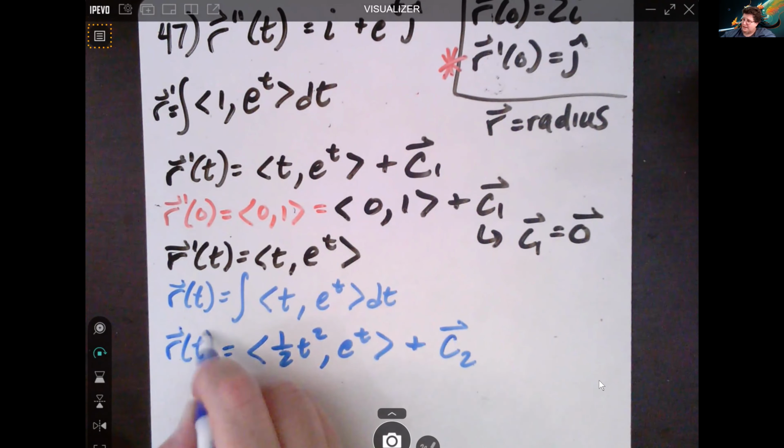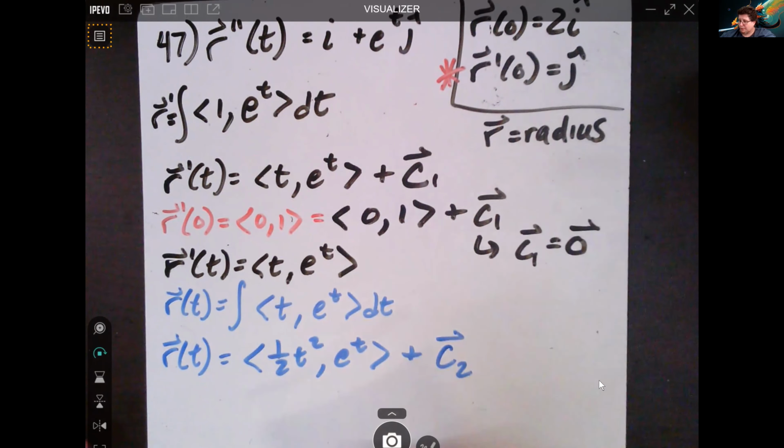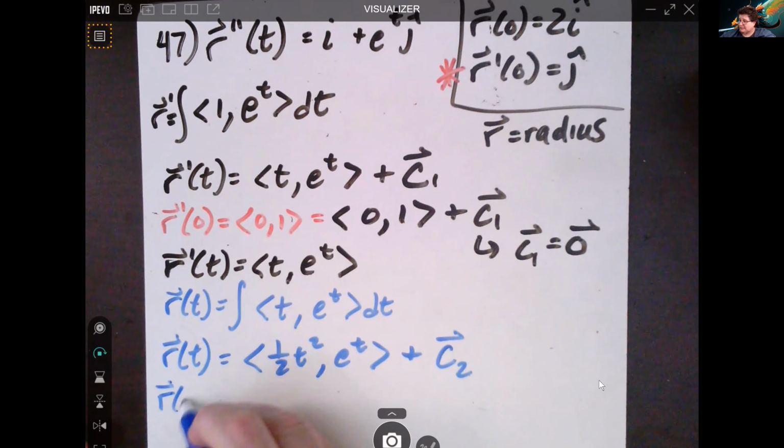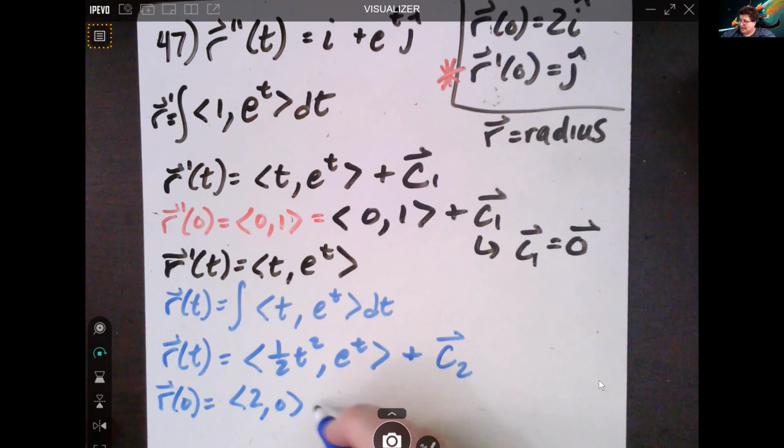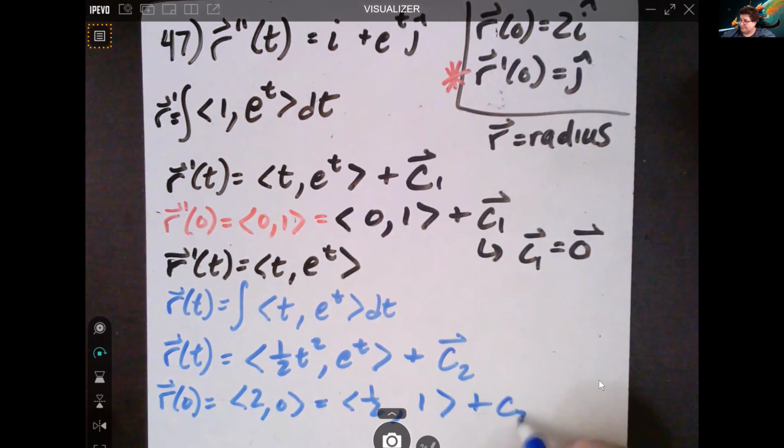And again, I have conditions up here. I've got r of 0 equals 2i. So if I plug in 0 for t, I should get 2, 0. But what I have is 1/2, 1 plus C2.